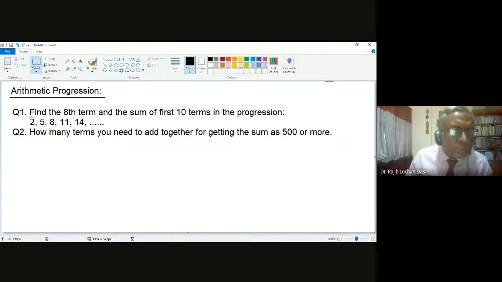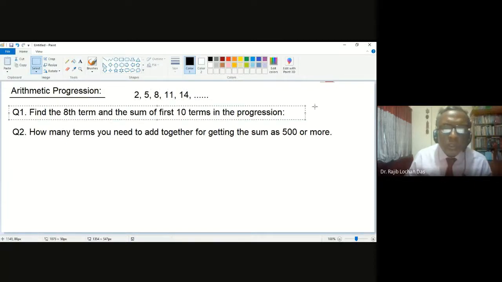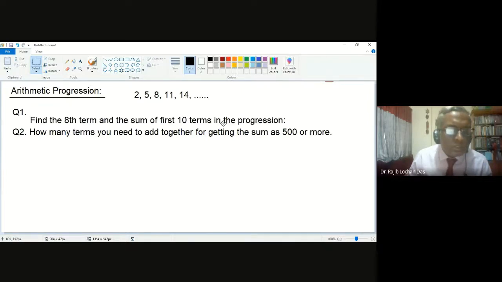So this is also about this sequence. Let me just take this sequence as common for all the questions. I'm writing the questions like this.